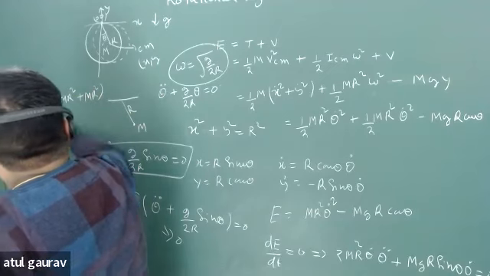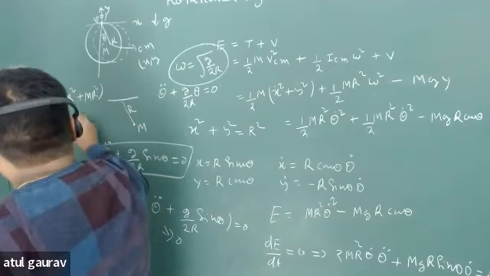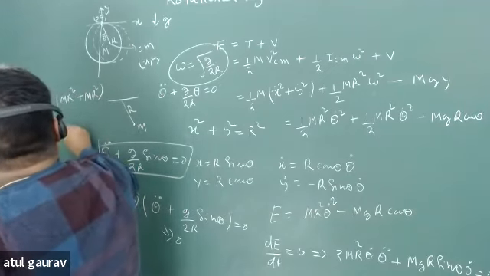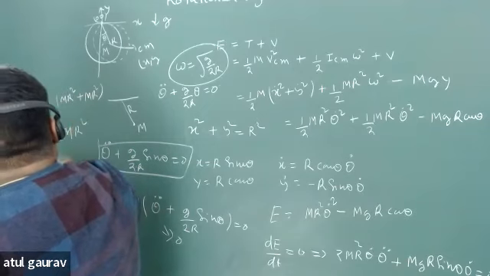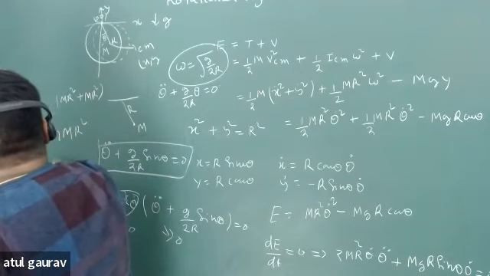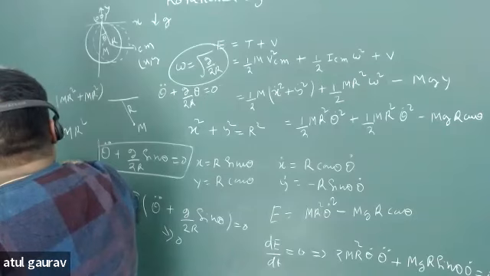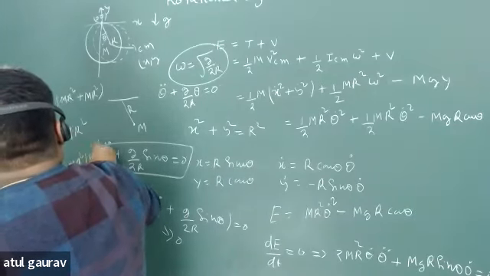And this I and half is not there. This will be just 2 times mr square. And you can write your kinetic energy half 2 times mr square theta dot square.